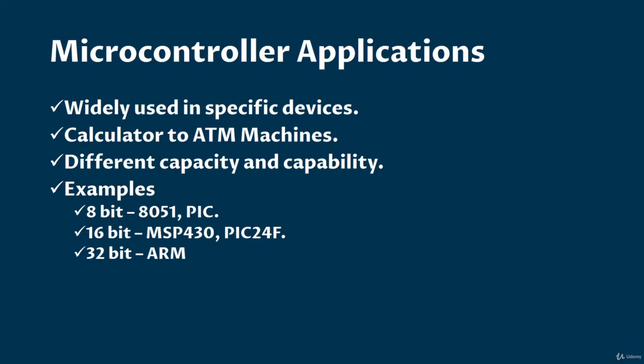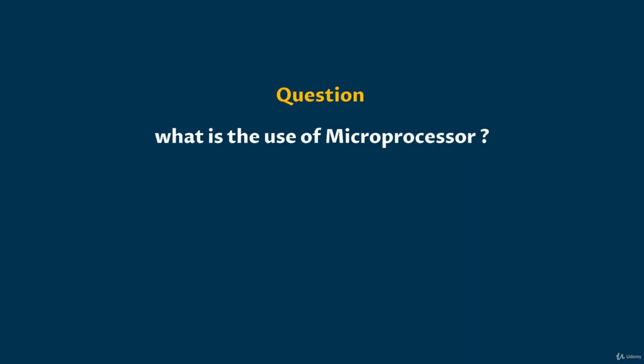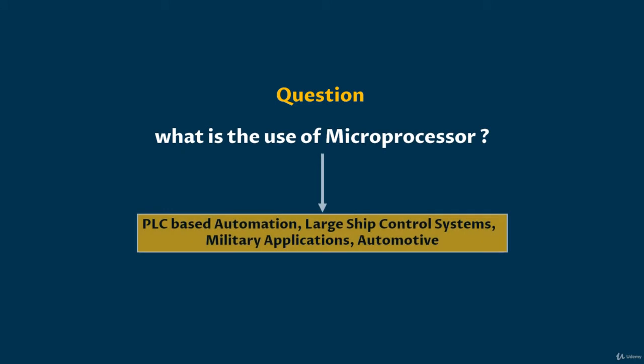Now you may have a question that I have told you about microcontrollers. If microcontrollers are used everywhere, then what is the use of microprocessor? This is a valid question. Let me tell you that microprocessor is used in PLC based automation. Large ships, you have seen cruises, large ship control systems, there they use microprocessor, where a large number of input outputs are required.